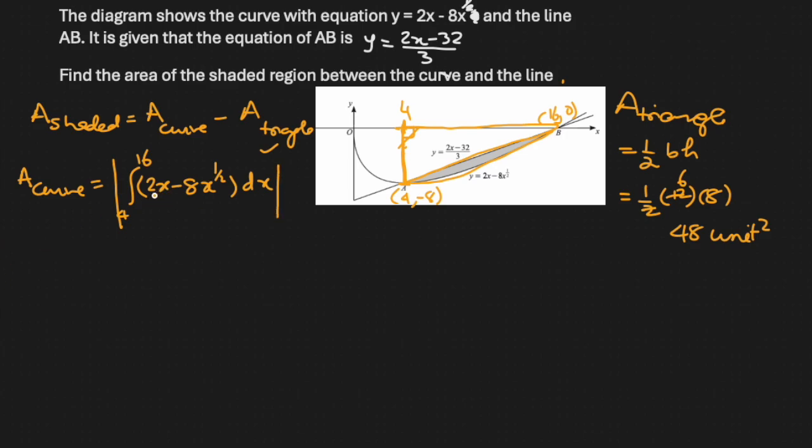Okay, so the integration of 2x is 2x square over 2, minus 8x to the power half plus 1 over half plus 1, plus c, and from 4 to 16. Okay, so I'll cancel this 2 and 2, and substitute 16 first.